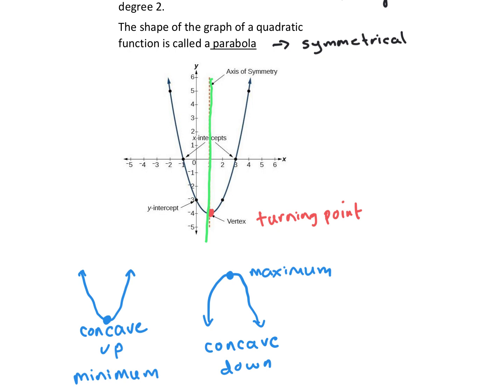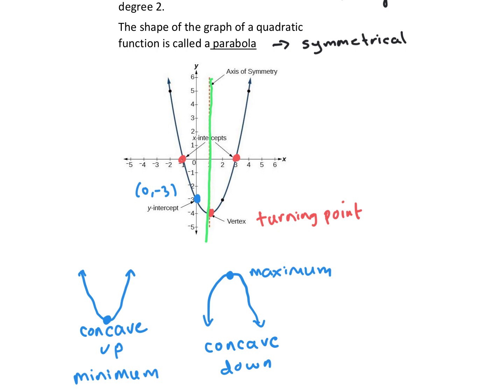We have some intercepts. Remember, the word intercept means where the graph crosses or meets. The y-intercept is where it crosses the y-axis. This parabola has a y-intercept of x being 0, y being -3. The x-intercept is where it crosses the x-axis.